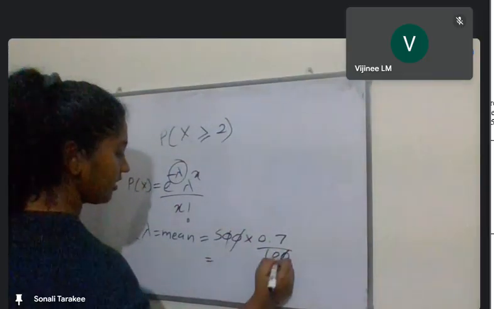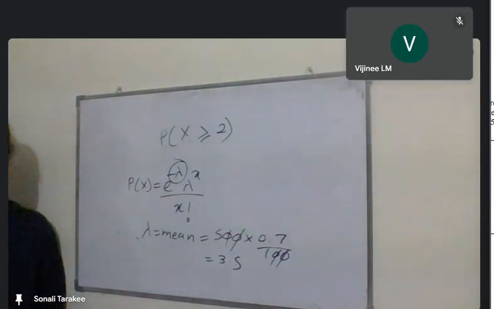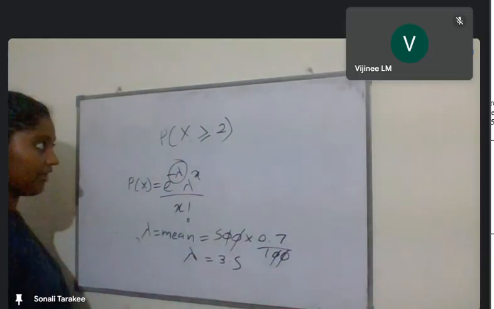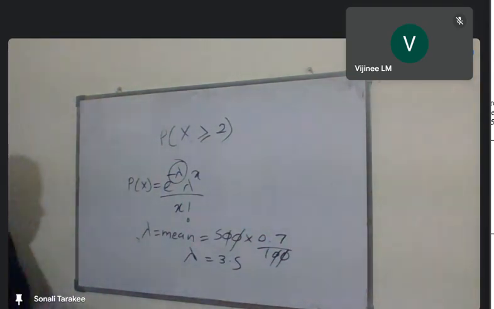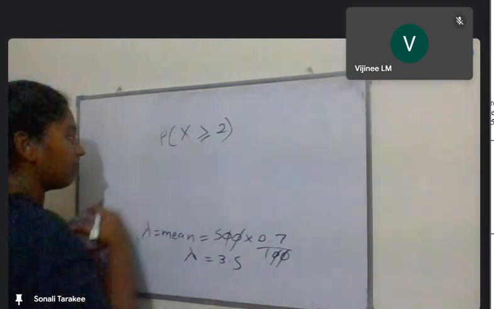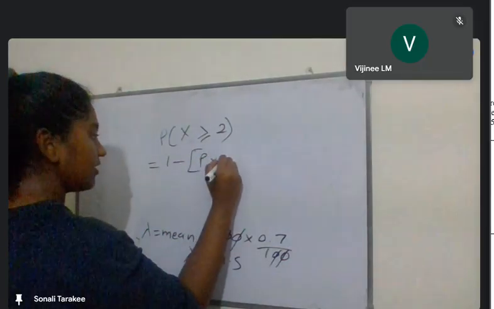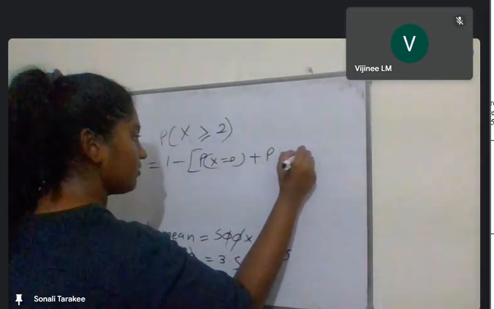When you calculate this, it should be 3.5. This is the lambda value. Now X should be greater than or equal to 2. This we can write as 1 minus P(X equals 0) and P(X equals 1).